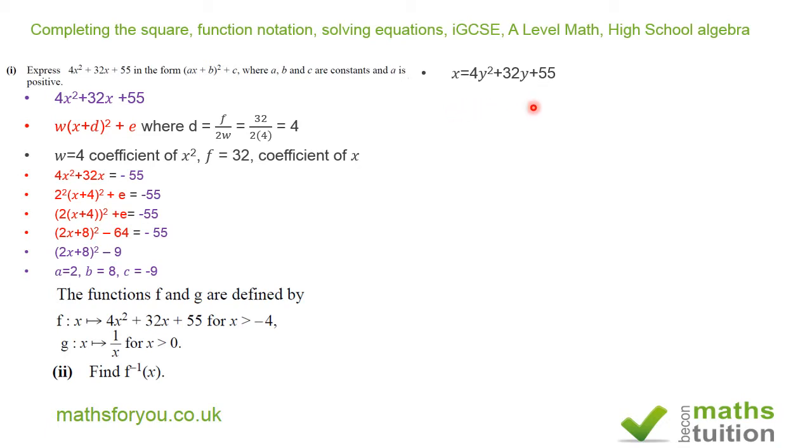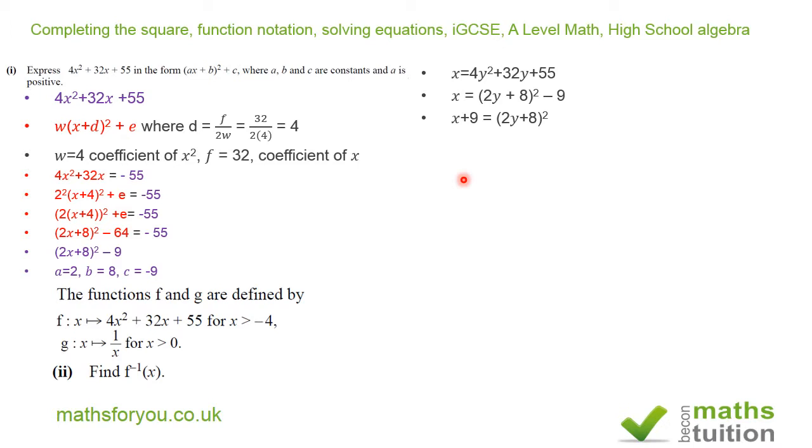So instead of having y is equal to 4x squared plus 32x plus 55, I now have x is equal to 4y squared plus 32y plus 55. Now I'm going to express this in this format. So I now have that x is equal to 2y plus 8 all squared minus 9. If I add 9 to both sides, I end up with x plus 9 is equal to 2y plus 8 all squared.